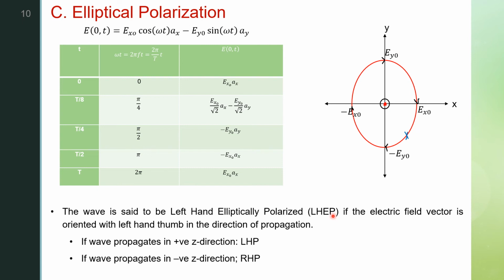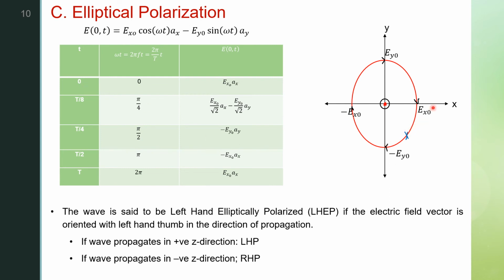It's not a shortcut, but we can say if the rotation of the wave is clockwise, that means something like this, see, it is in clockwise direction. To check whether it is clockwise or anti-clockwise, you have to consider different time instances: t0, t by 8, t by 4, t by 2, etc. You have to compute.